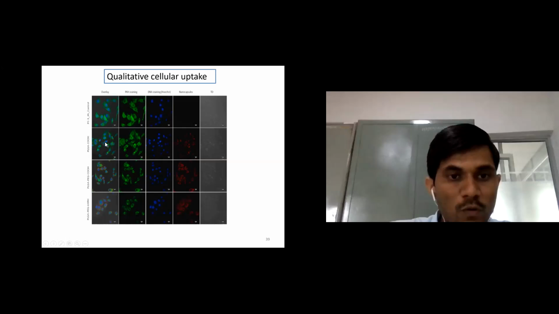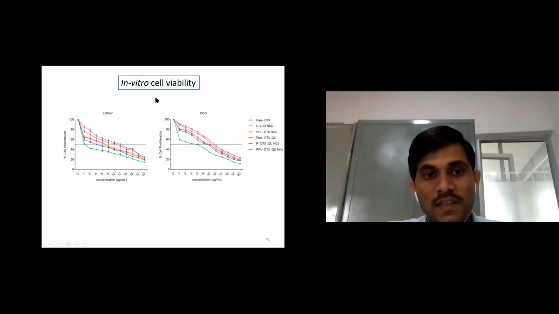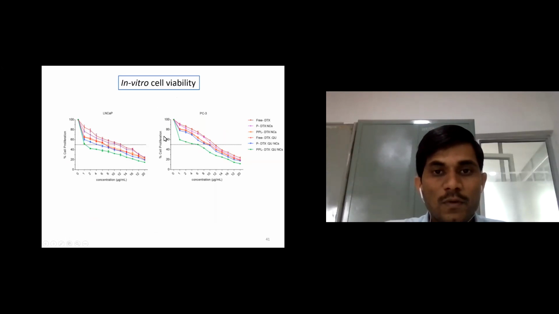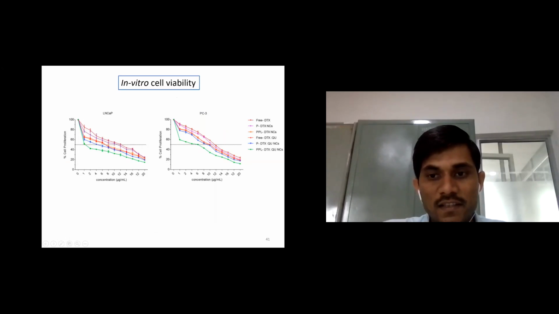When we quantify this, for this LHRH conjugated nanoparticle loaded with Nile red. Then in the in vitro cell viability study, we have observed there is a decrease in the IC50 value for this LHRH conjugated nanoparticles, which are loaded with a combination of drugs, that is docetaxel and quercetin.